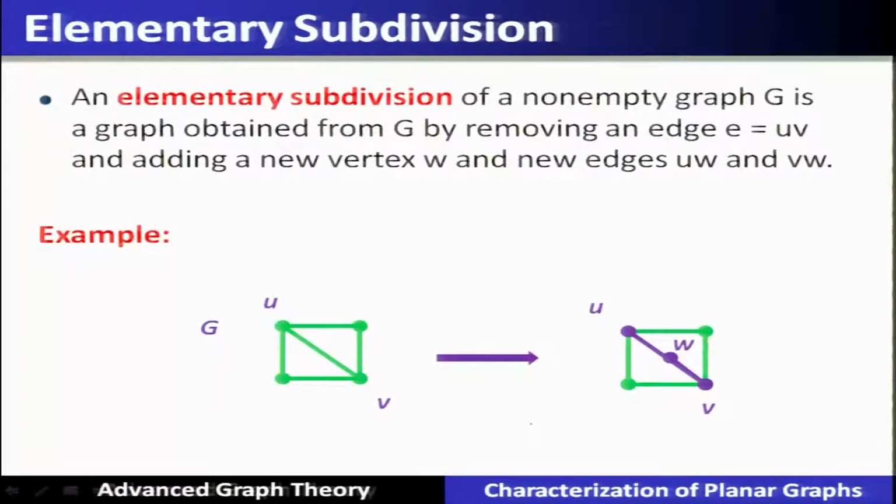Let us see the elementary subdivision. An elementary subdivision of a non-empty graph G is a graph obtained from G by removing an edge e having two endpoints u, v, and adding a new vertex w and two new edges, that is uw and vw. Meaning, if there is an edge with the endpoints u, v, instead of that we remove this particular edge and add a vertex w, and we add two edges, that is e1 equal to uw and e2 equal to wv.